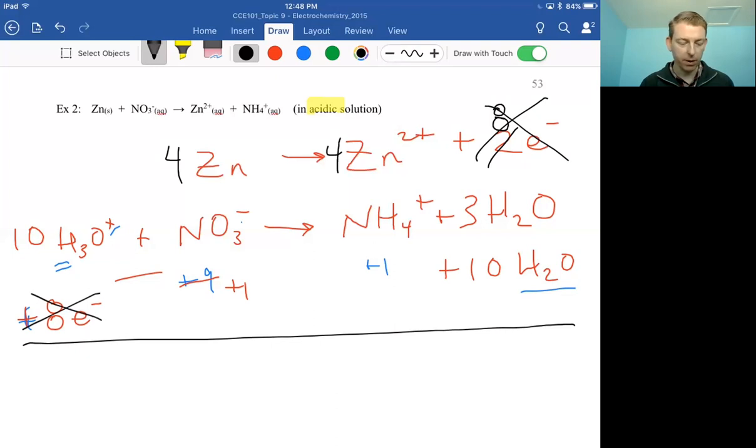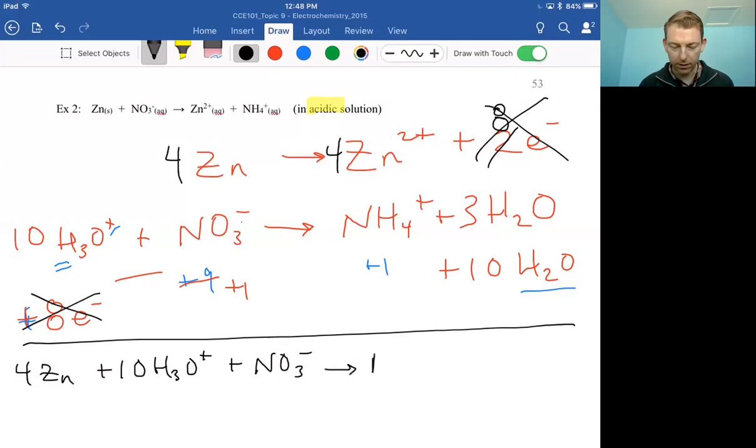And what are we left with? We have 4 zinc and 10 H3O plus a nitrate, and we're going over to ammonium plus 13 waters.